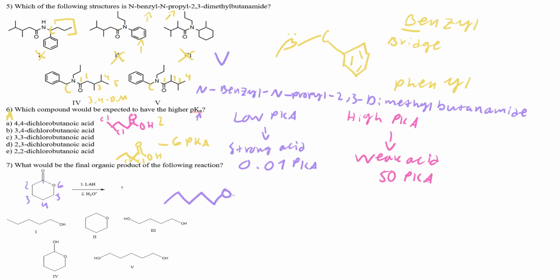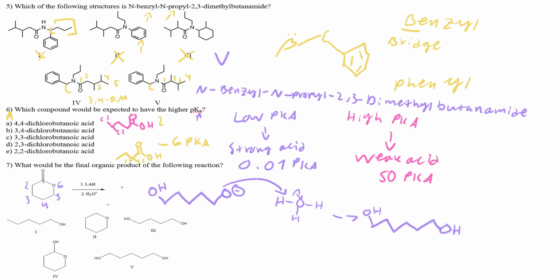That is the 6th member over here. We're going to have an alcohol right there. And then we're going to treat this structure with an acid. Okay, so that should be your answer.